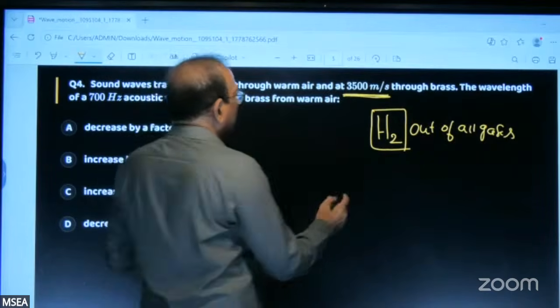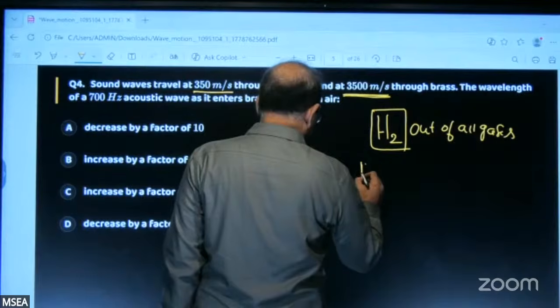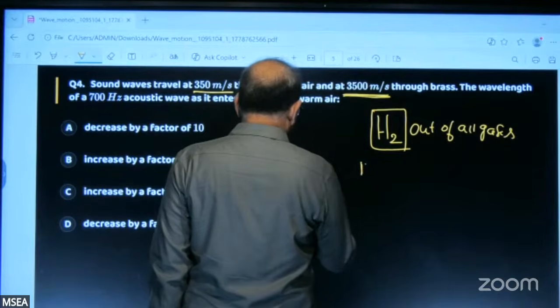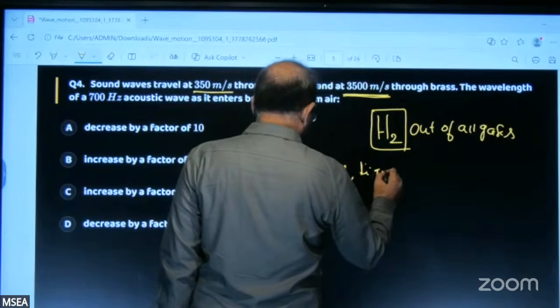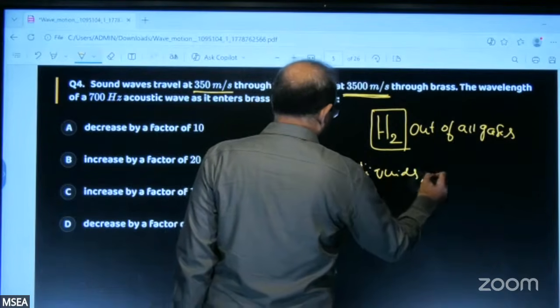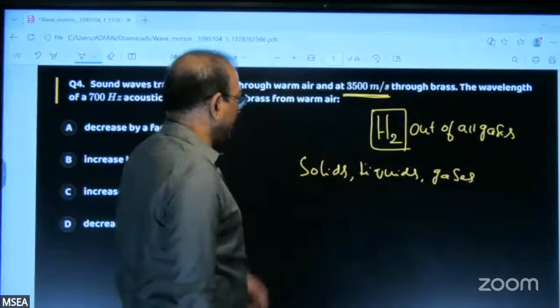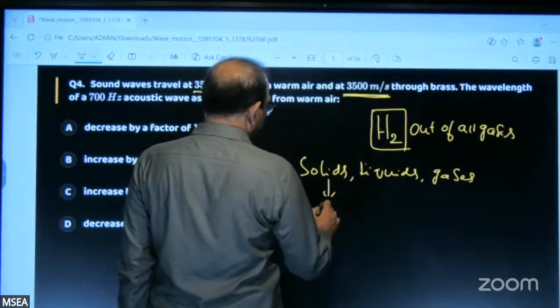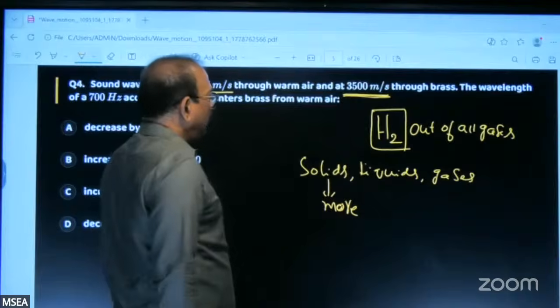But out of all different media, that is solids, liquids, and gases, the velocity of sound is maximum in solids.